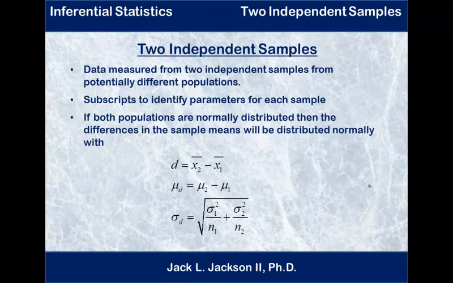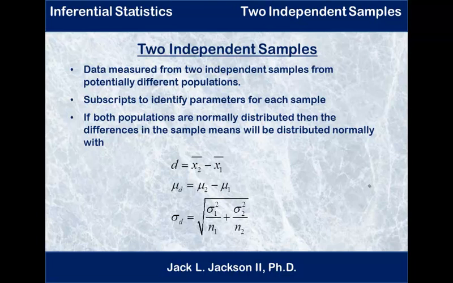N sub 2, sample size for data set 2. Mu sub 1, hypothesized mean of the first data set. Mu sub 2, the true mean of the second data set. X bar sub 1, the sample mean of the first data set, and so forth. Sigma sub 1, the sample standard deviation of data set 1, and so forth.